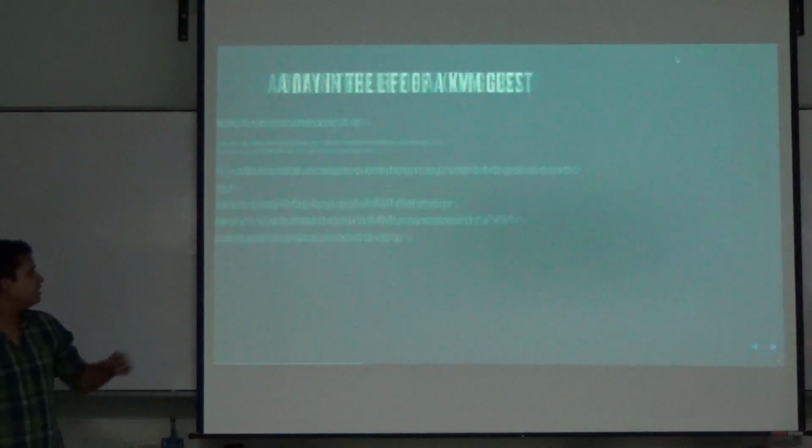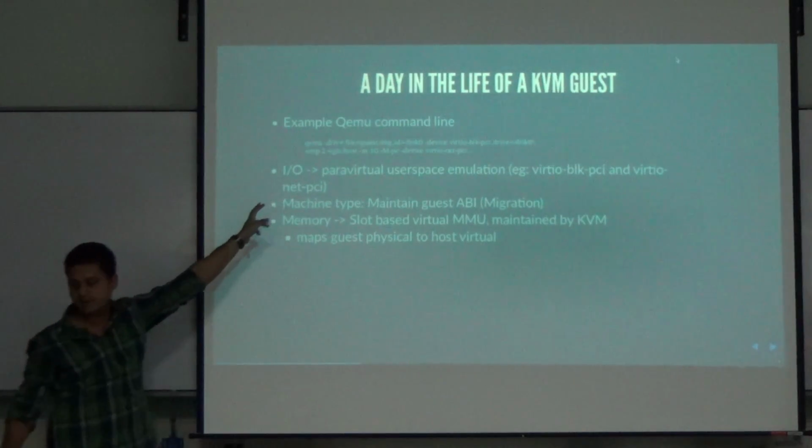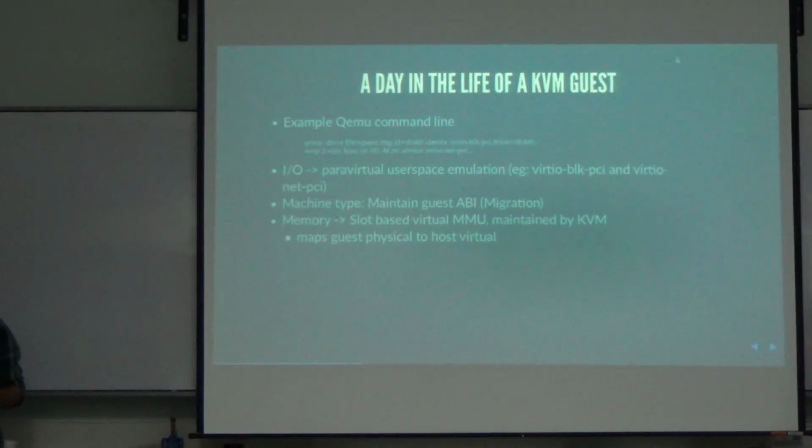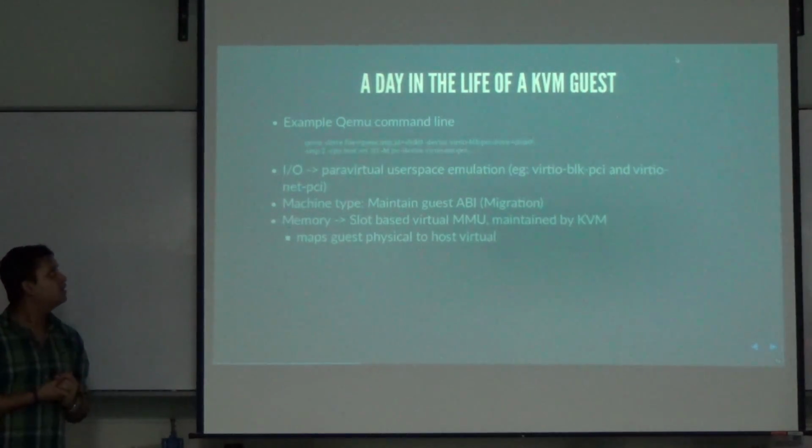And then we had smp 2, which means that we are supposed to create 2 vCPUs for the guest. The vCPUs are basically the execution contexts that are run by KVM.